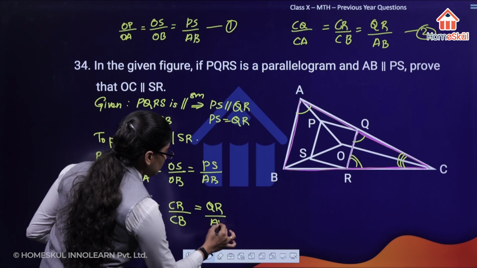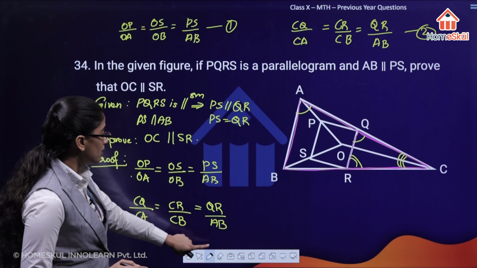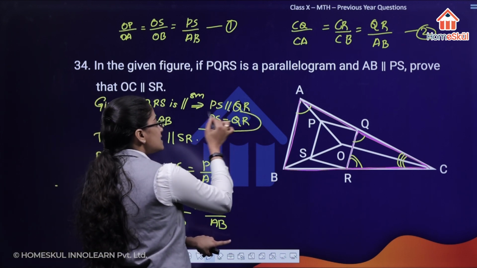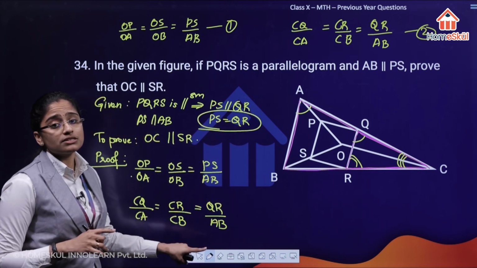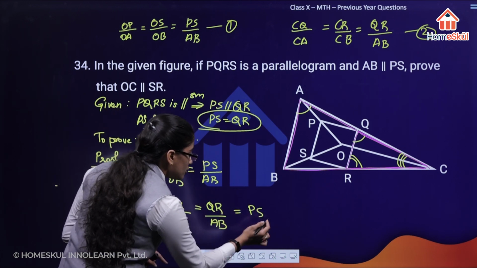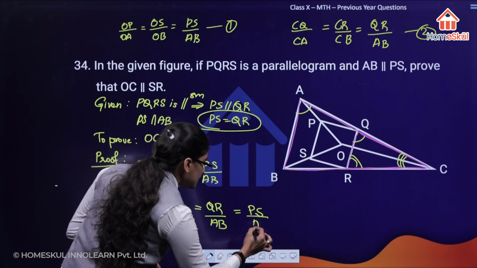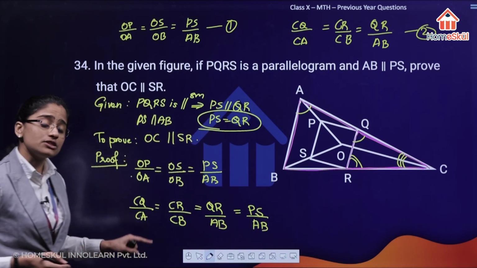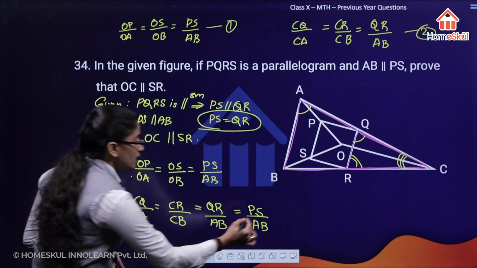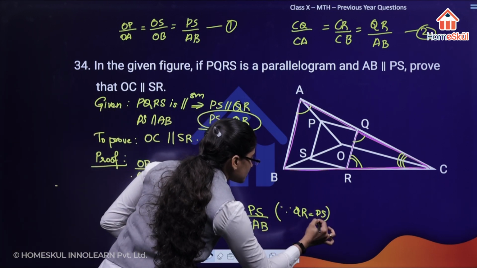Here, in the second equation, we are having QR by AB, right? But this QR is equal to PS because they are opposite sides of a parallelogram. So instead of QR, we could substitute PS, so this is also equal to PS by AB, because QR is equal to PS.